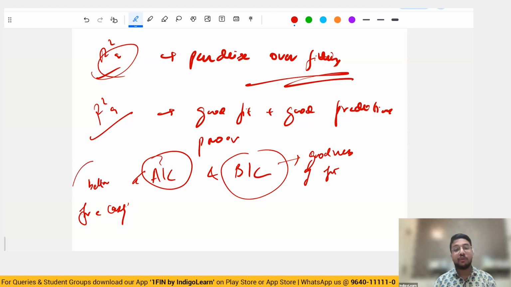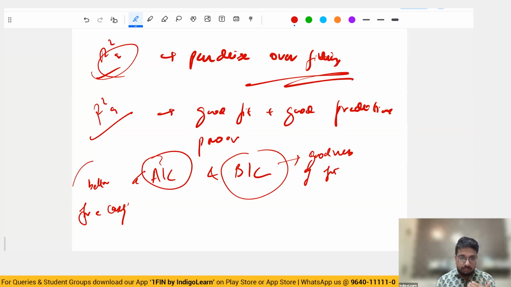If I want a better forecasting model, I would use AIC. If I want better goodness of fit, then I'll use BIC. Now how AIC and BIC are used, how they're deployed, what test we have to do, that is the second part which I am coming to right now.